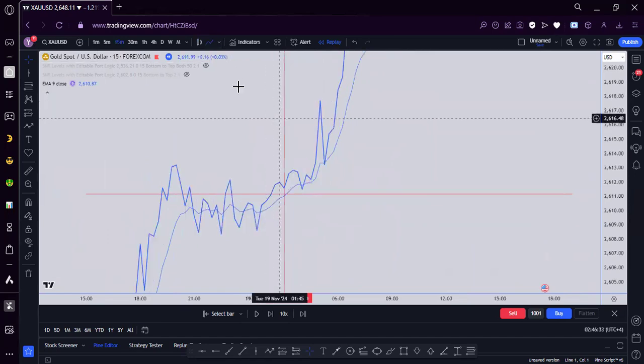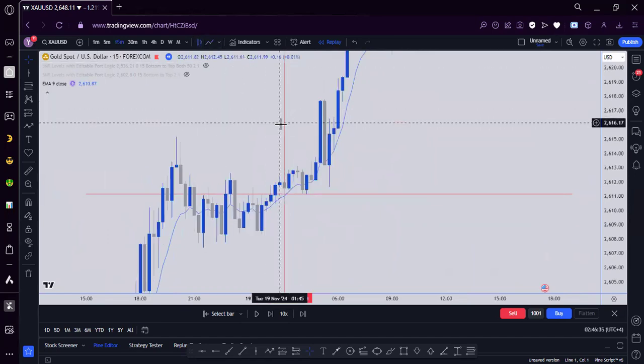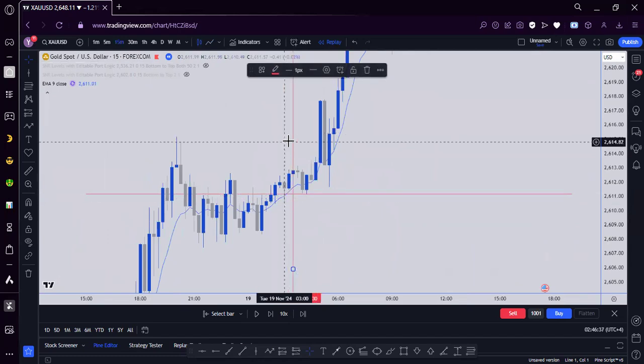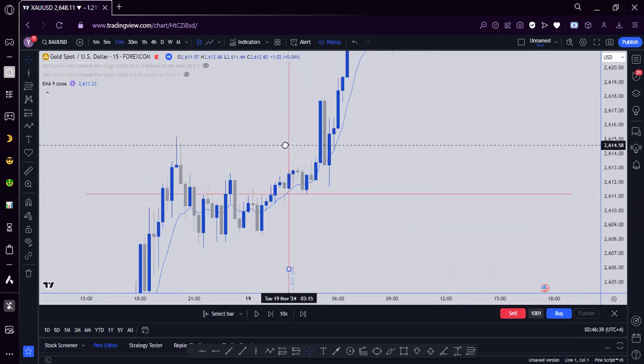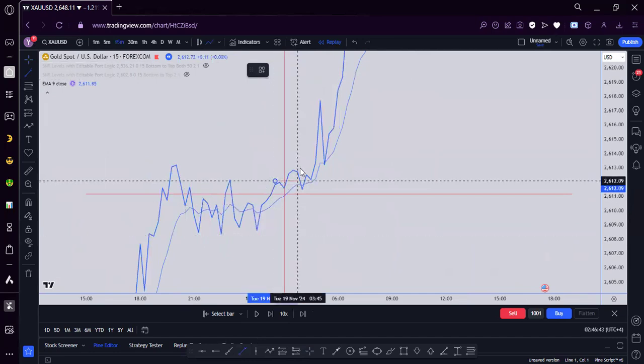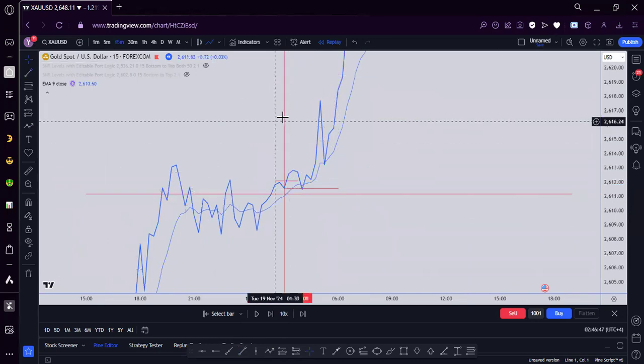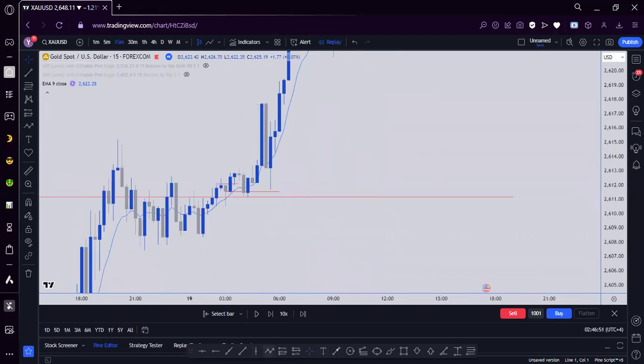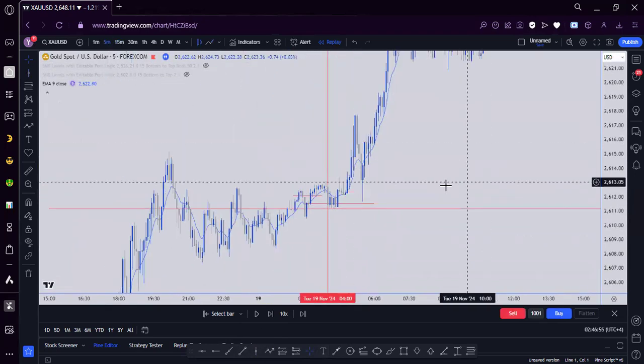On the 15-minute time frame, the touch was right here, and this is the bullish breakout. The price pulls back to the apex of the 15-minute. Now, let's look for our 5-minute confirmation.